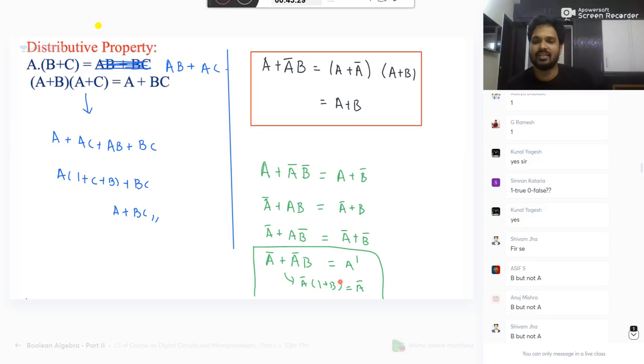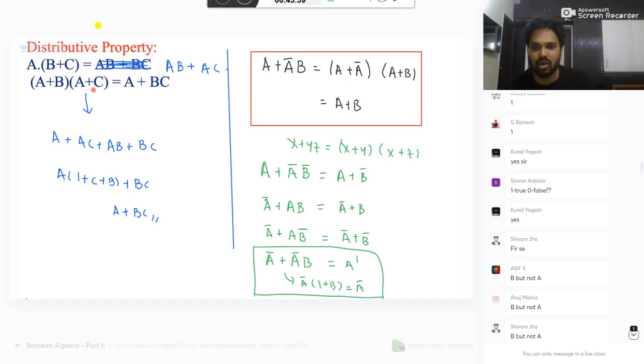Okay, so be careful. You should see one variable and its complement, or a complement and variable, then only you can apply. Everybody, is it okay? Can I move further? Abhinav, it is very simple. Please, Abhinav, you use this distributive property. If you have X plus YZ in the Boolean algebra, it is equal to X plus Y into X plus Z. I use the same rule.